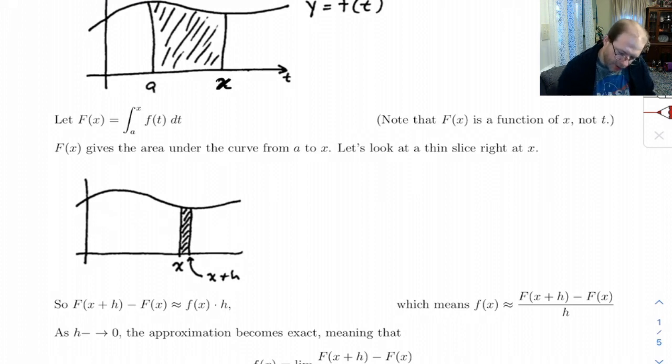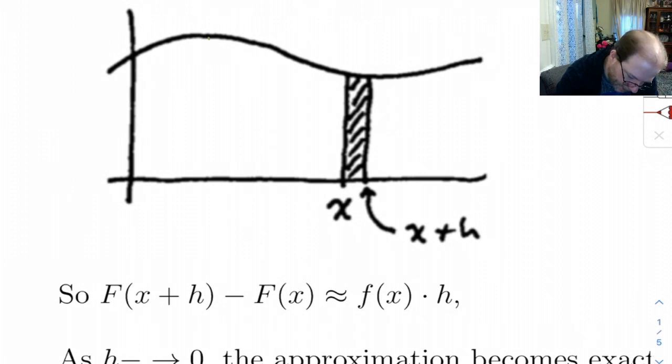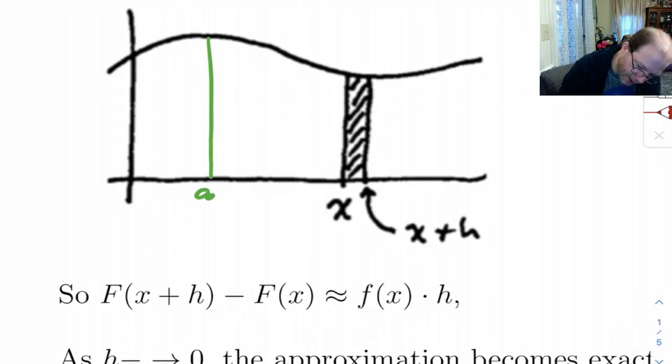So what I want to do now is look at a thin slice of this right over here at x. And on this diagram, I'm going to draw in my a. I left it off because we don't necessarily need it, but I do want to talk about it a little bit. So I want to look at finding the area of the slice.